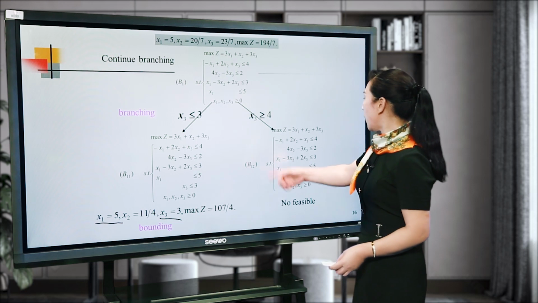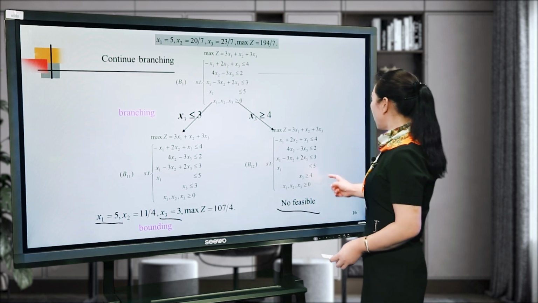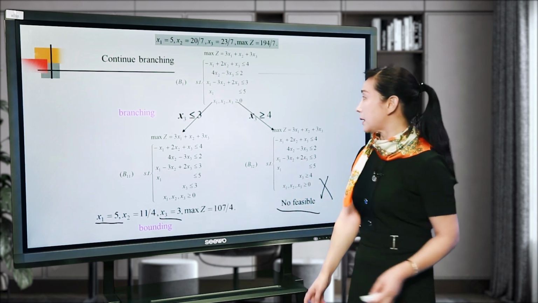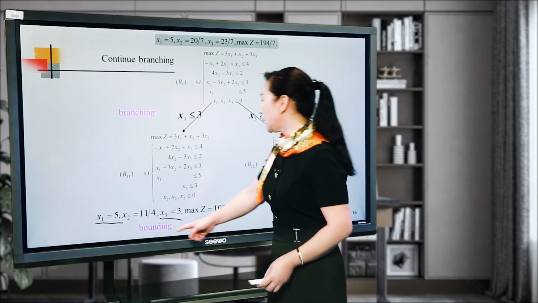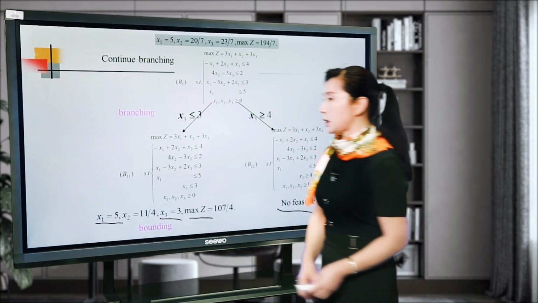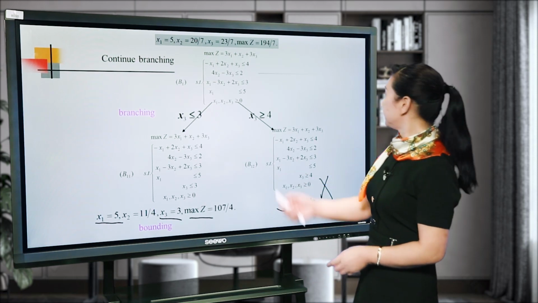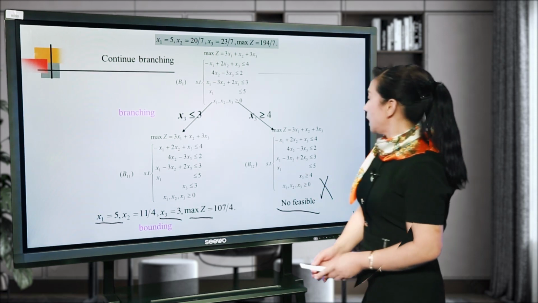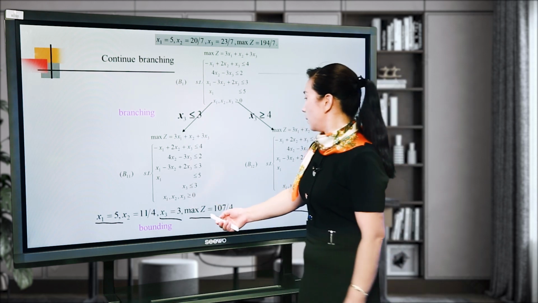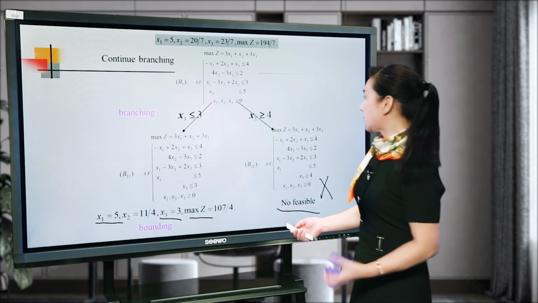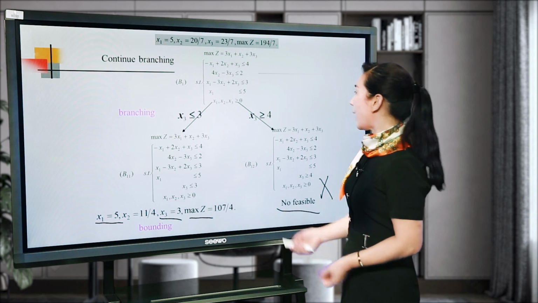B12 is not feasible, so we cut this branch. And we bound J at 1074. This program's optimal solution meets our requirements.